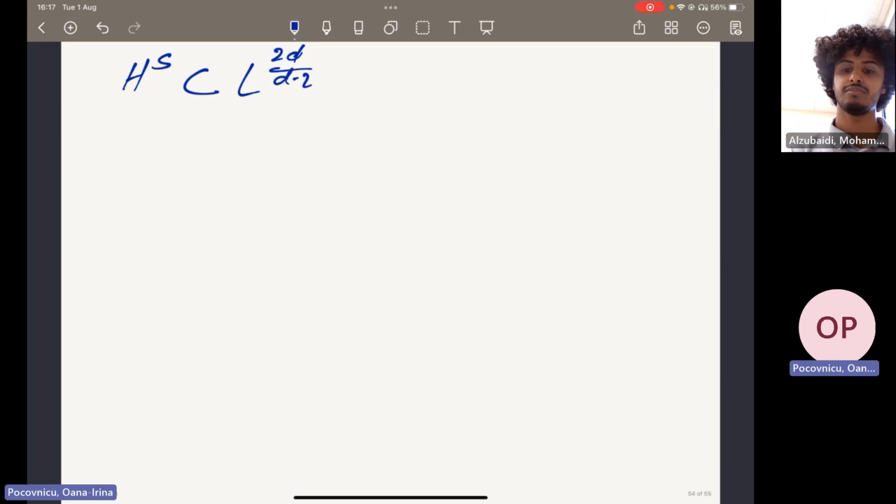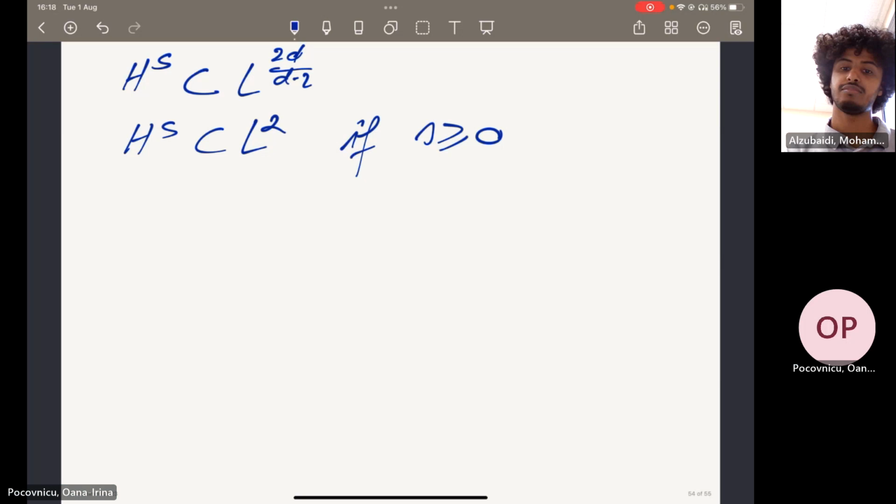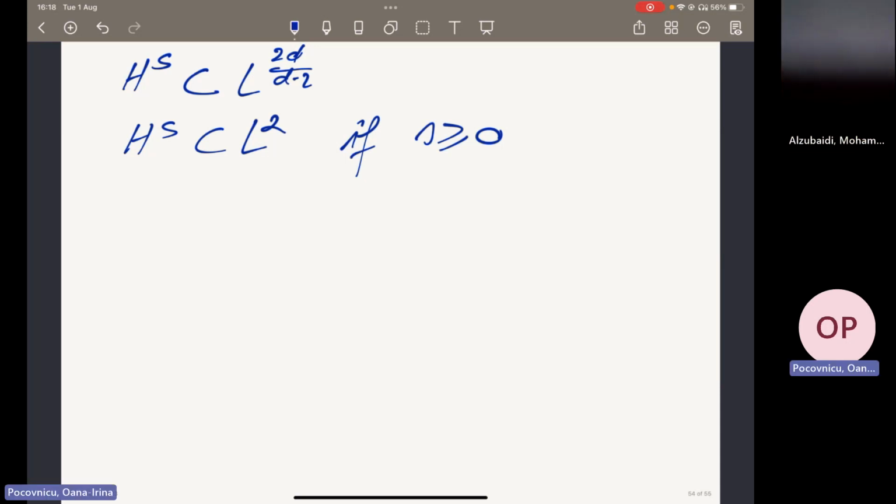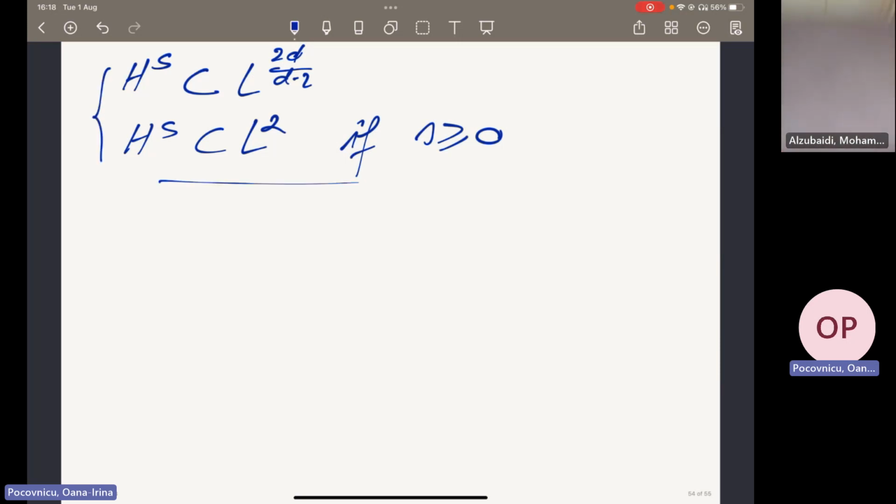Okay, but we also know that H^s is a subset of L^2 if, let's say, s is bigger or equal than 0. That follows from our definition. Let's see why this second thing, H^s being a subspace of L^2, is true.